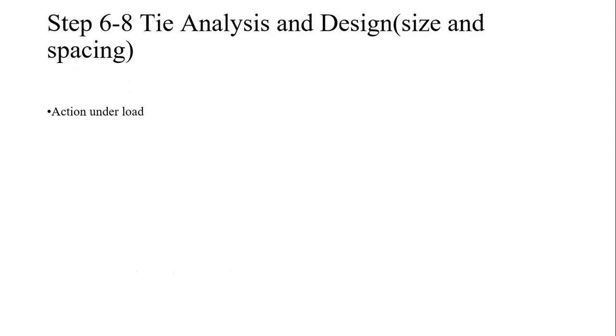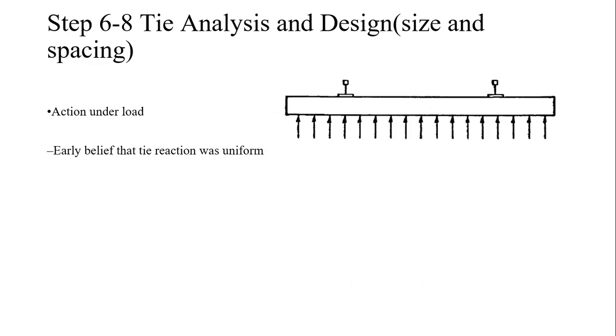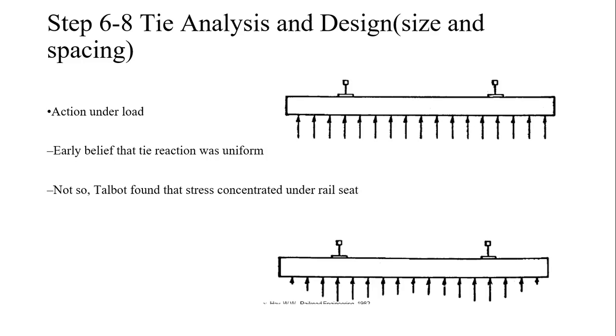Then we go for the analysis of the sleeper or tie. At first, it was believed that all the reaction is uniform like that. But then Talbot found out that it is more concentrated in the area near the seat load, while it is less concentrated at the center or the cantilever portion of the tie section.